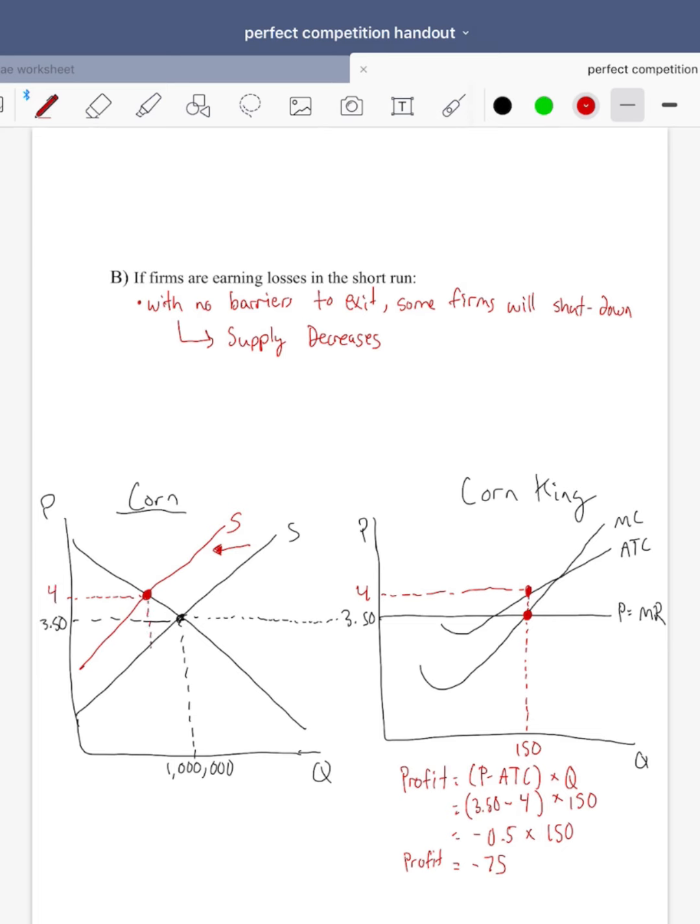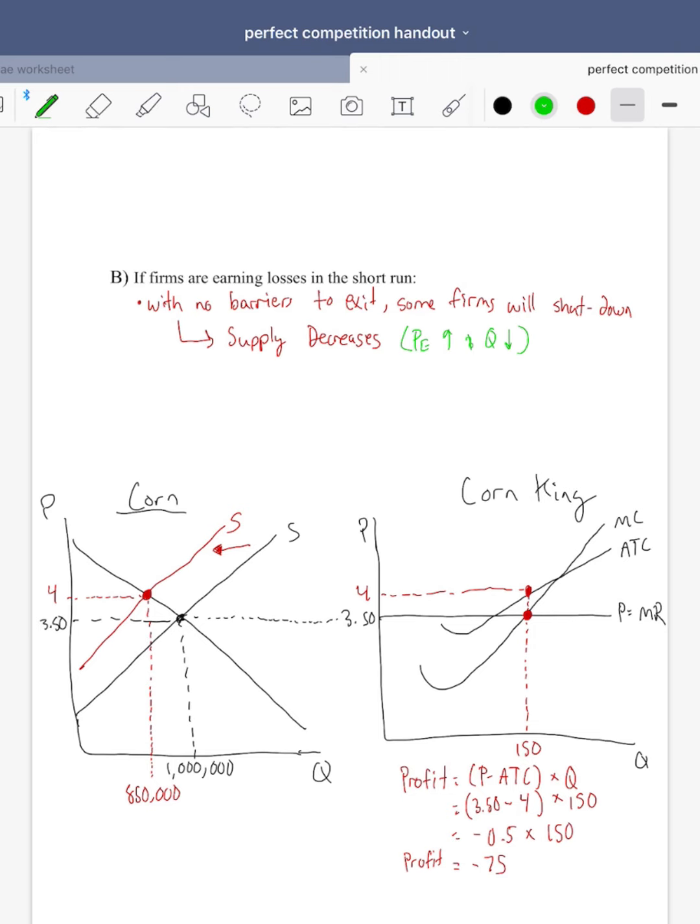And we'll find our new equilibrium. Our new equilibrium price is going to be $4. Our equilibrium quantity, let's go down to 150,000. Now with this new price, so as supply decreases, we see that our equilibrium price has gone up and our equilibrium quantity has decreased as a result of firms exiting the market.